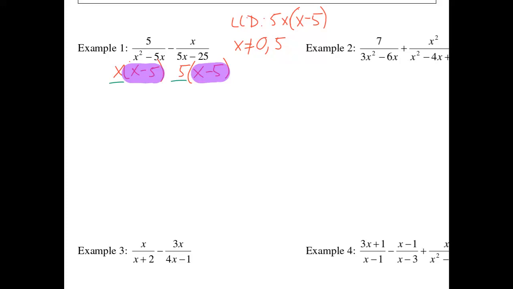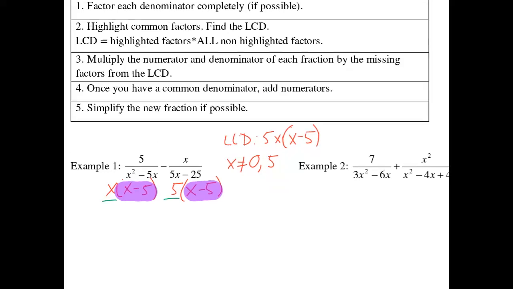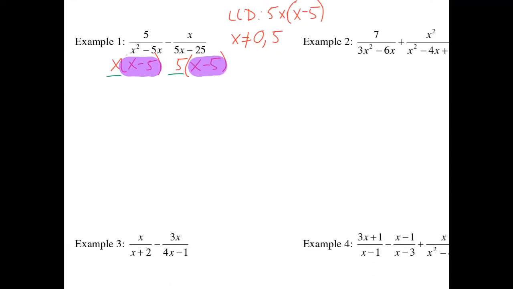All right, so let's take a look back up here for a second at our steps. So far, we factored each denominator, we highlighted and found the LCD. Now step 3, we're multiplying the numerator and denominator by the missing factors from that LCD. All right, so let's come back down here. We want to multiply each original fraction.